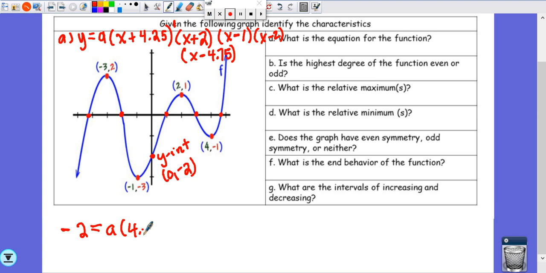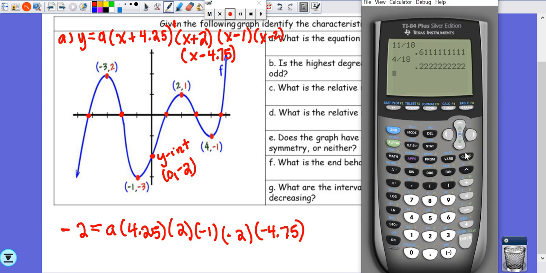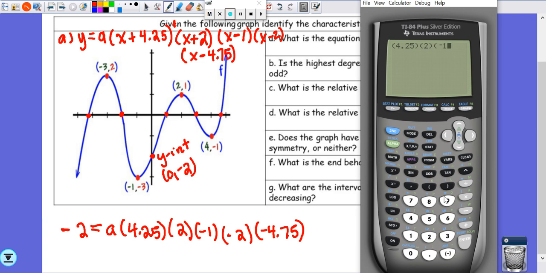So I'm just going to say 4.25 times 2 times negative 1 times negative 2 times negative 4.75. And then I'm going to use my calculator to help get me the math here. You can use decimals and type it in just like what I'm typing in. And decimals is on your PDF from class, or you could just Google it.